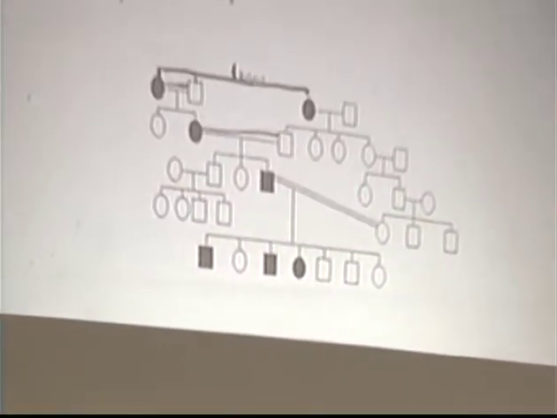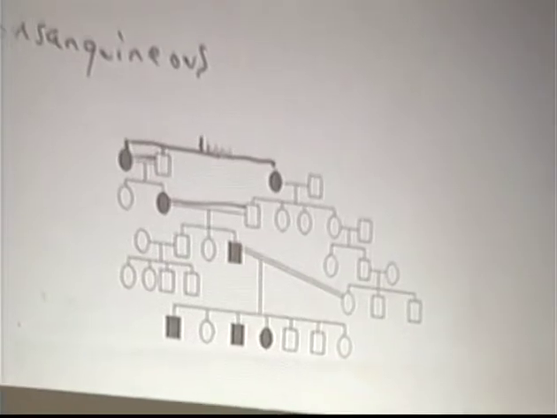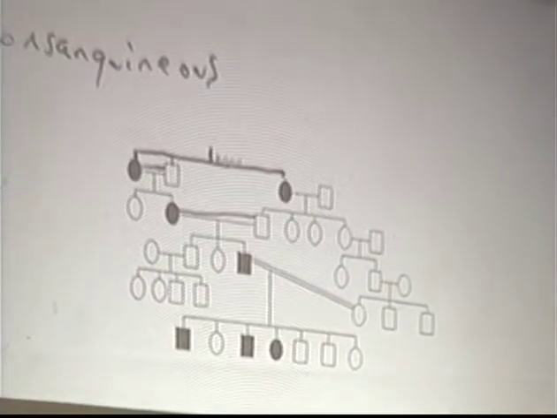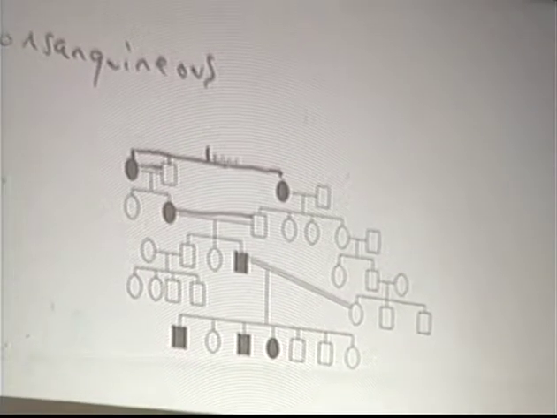We'll go through a few more, and then I want to talk some more about sex determination. Okay, so here's another human pedigree. Notice there's several examples of consanguineous relationships in there, matings between genetic relatives. Those are typically indicated by a double line.